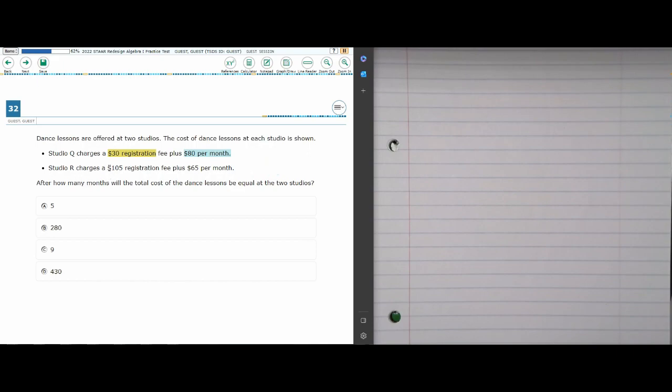Studio R charges a $105 registration fee plus $65 per month. After how many months will the total cost of dance lessons be equal at the 2 studios? So we're talking about total cost.